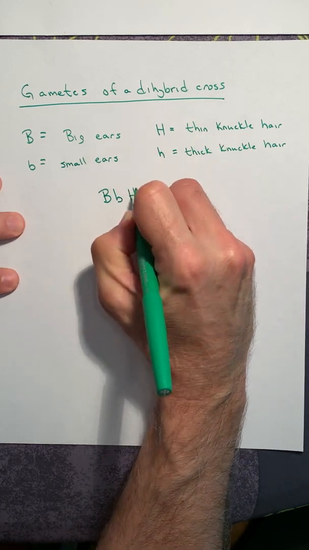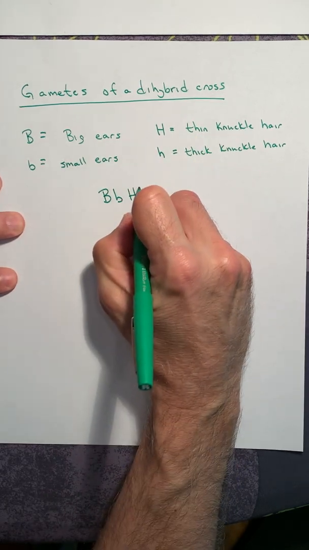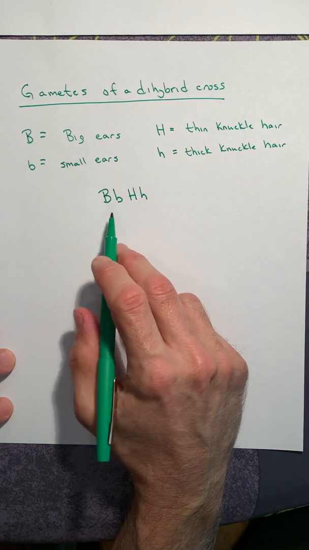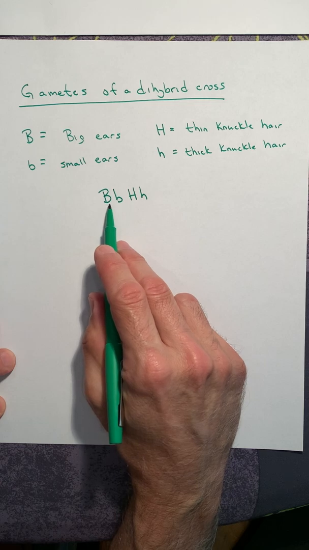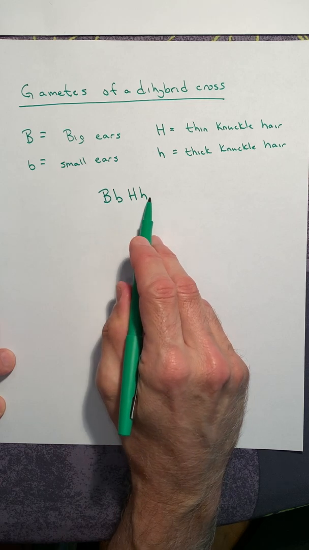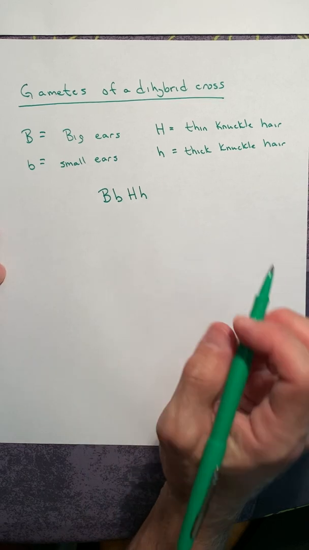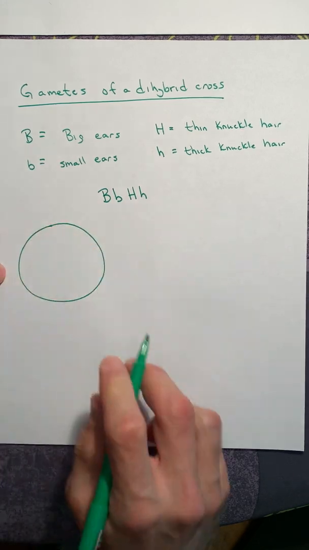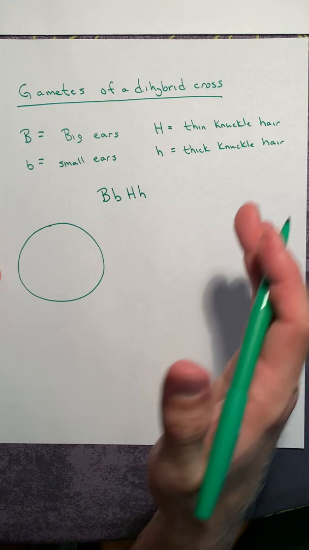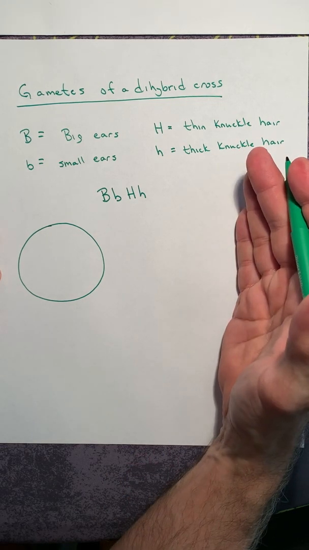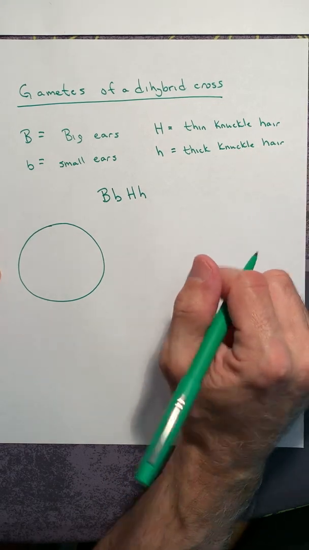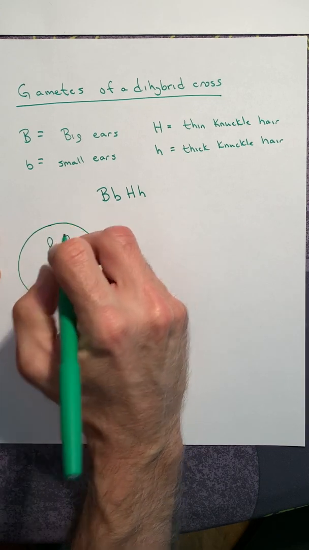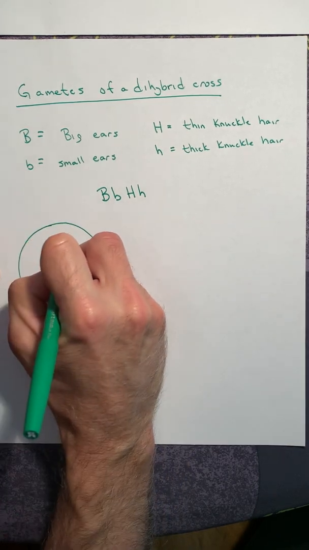So I have big H. And let's say I'm also heterozygous for this as well. So here's me as the heterozygote, big B, little b for ear size, and big H, little h for knuckle hair. Cool. So once I reach sexual maturity, that's the whole point of puberty, is it converts you from a child who can't sexually reproduce into an adult that can. So when you go to form sperm and ova, you have your chromosomes, like such.